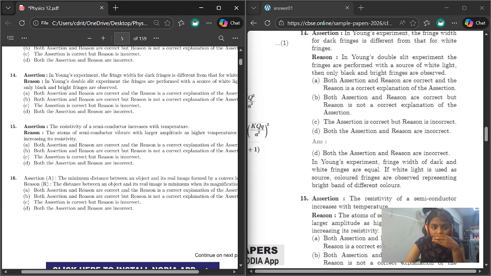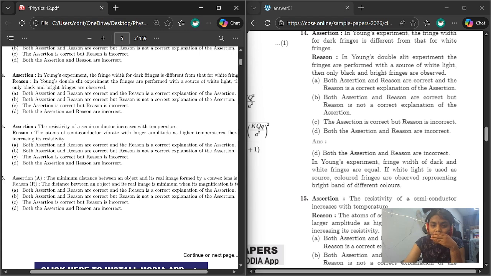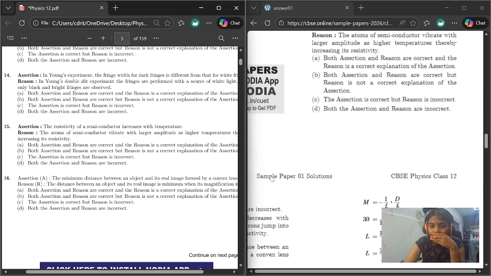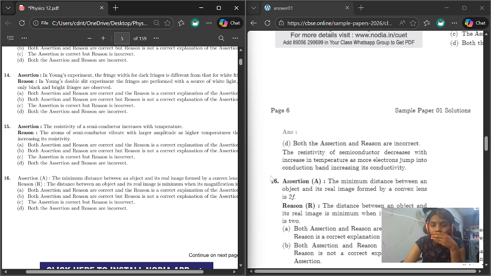Okay, 15th one. Assertion: the resistivity of a semiconductor increases with temperature. The reason is atoms of semiconductors vibrate with large amplitude at higher temperatures, thereby increasing resistivity. The answer of the 15th one is D. Both assertion and reason are incorrect.